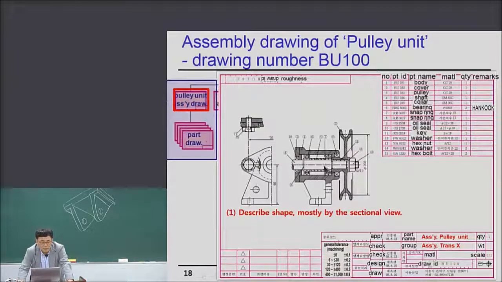The shaft, bearing, and bolt are not hatched. The hatching is not given to the shaft or bearing. If your hatching lines are inside the shaft, it makes very huge confusion. So even if the shaft is drawn in the sectional view, the hatching is not done.